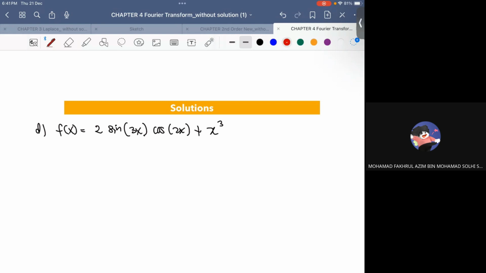So the sine function, with an odd power, is always an odd function. The cos function is an even function. So this one is odd multiplied by even, so the product is odd multiplied by even function. The product is always an odd function.